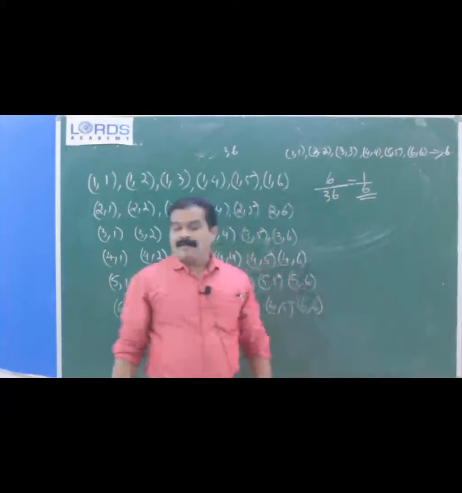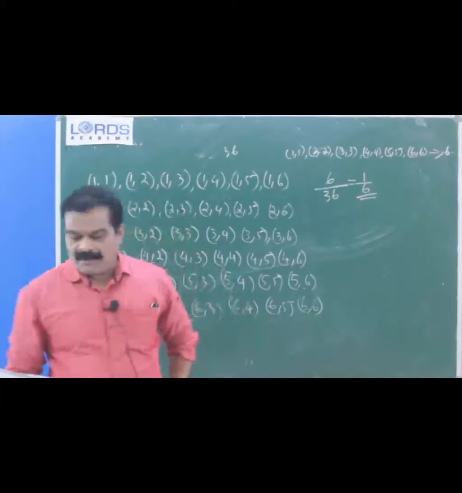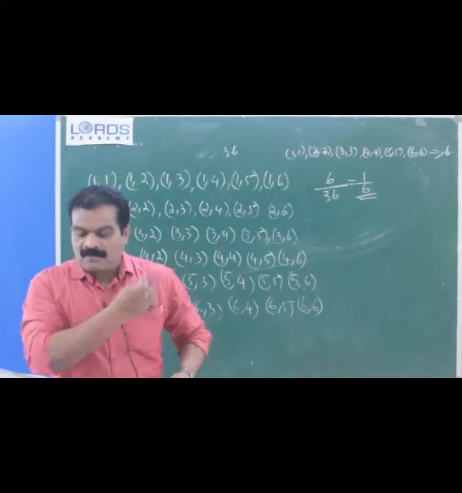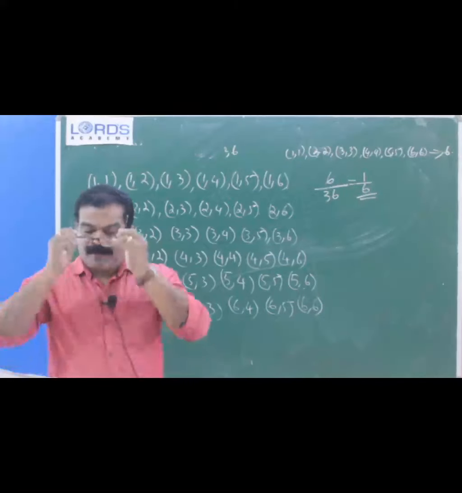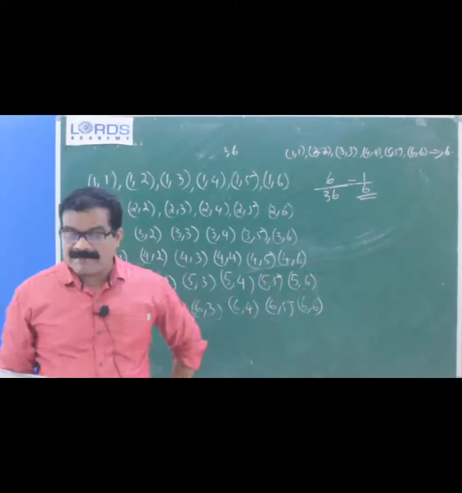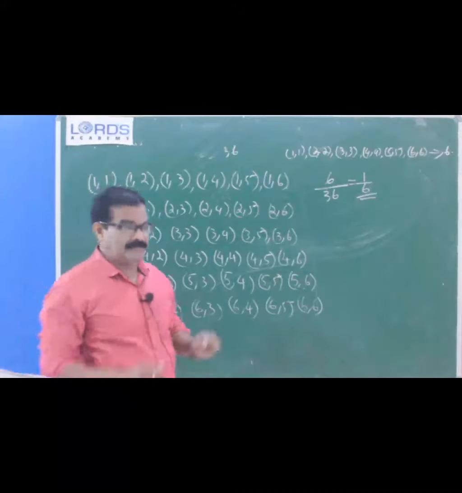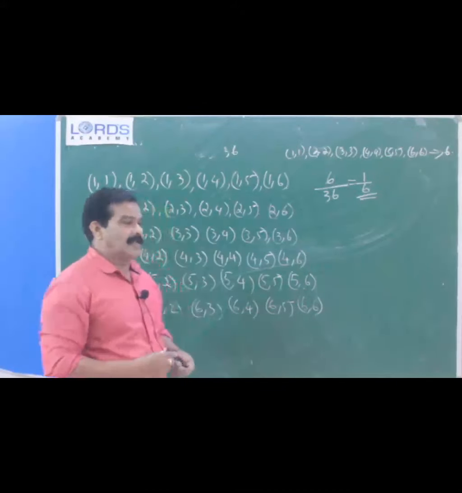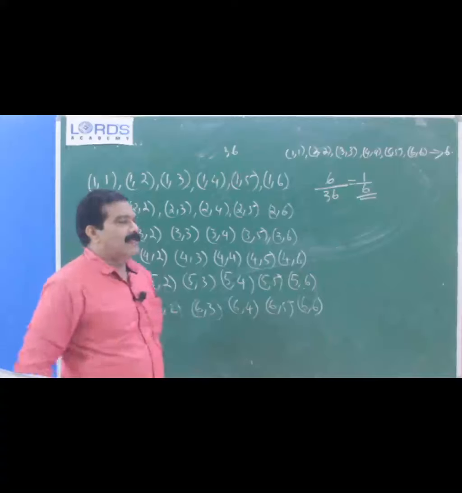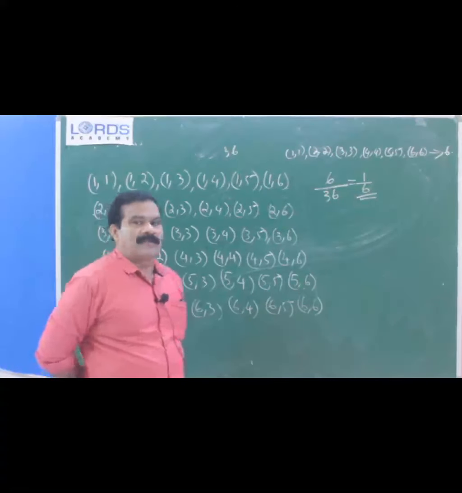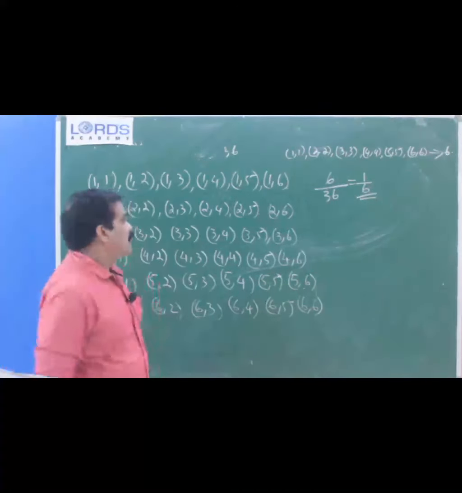Okay. Then next one. What is the probability of getting a number less than 3 on each side? On each side the number should be less than 4.